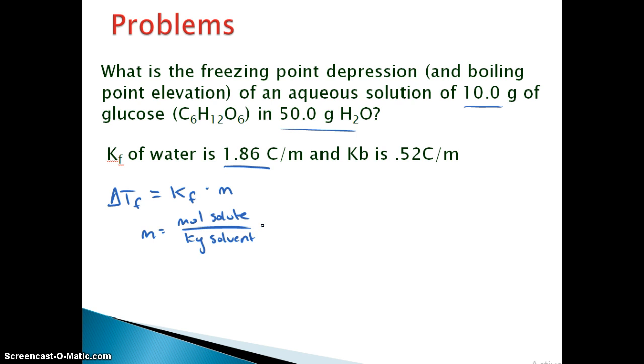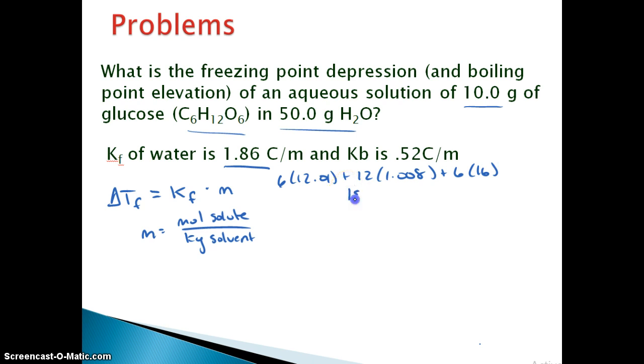First, we need to take our grams of glucose and turn it into moles. So for that, we need the molar mass. We know that the formula for glucose is C6H12O6. So when we calculate our molar mass, we're going to have 6 times 12.01 plus 12 times 1.008 plus 6 times 16, really 16.00, but it's just 16.